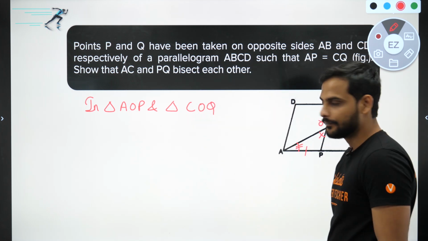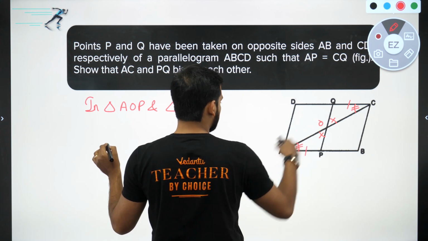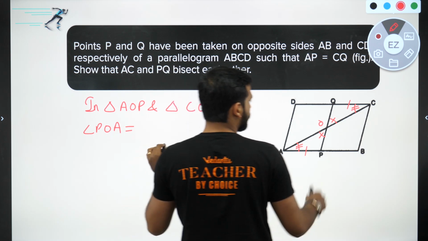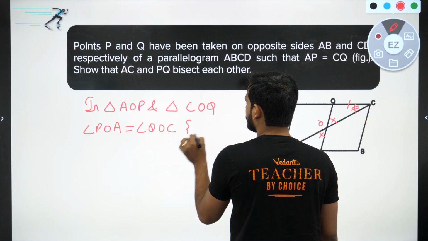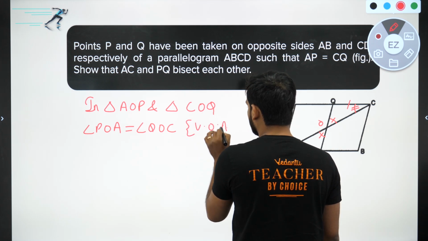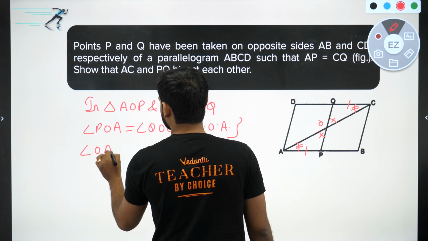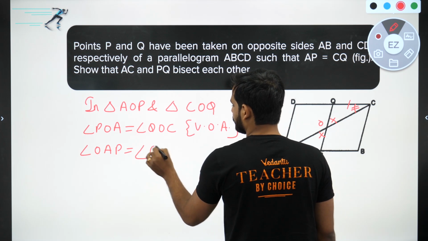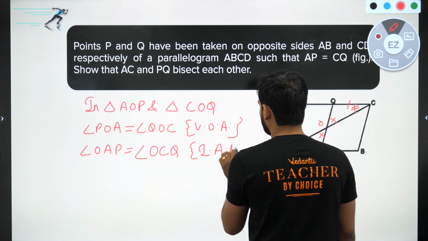first thing I can say is angle POA is equal to angle QOC. Why? Because of vertically opposite angles. Second thing I can say is angle OAP is equal to angle OCQ because of interior alternate angles.